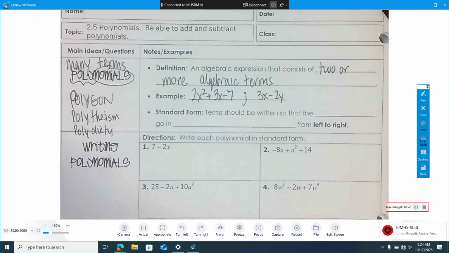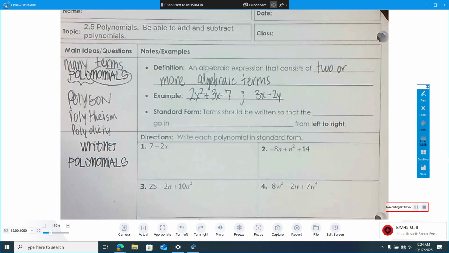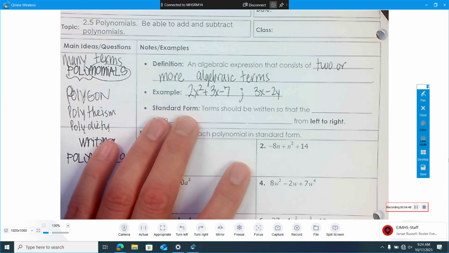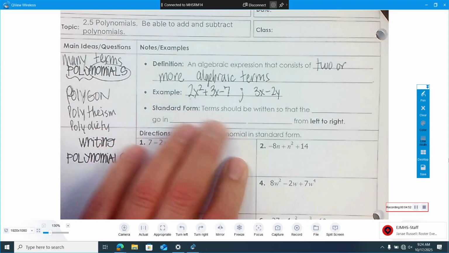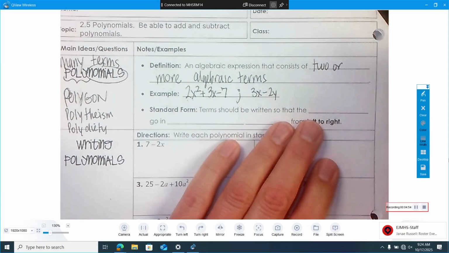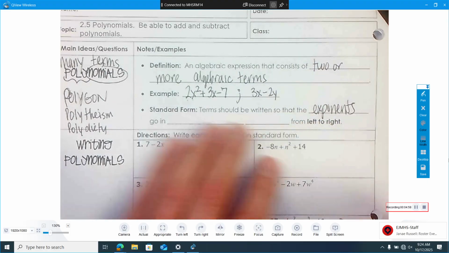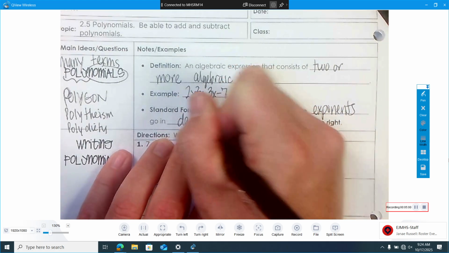Okay, so these are just polynomials, and the standard form for a polynomial, which really just means how we normally like to look at it, is that the terms should be written so that the exponents go in decreasing order.